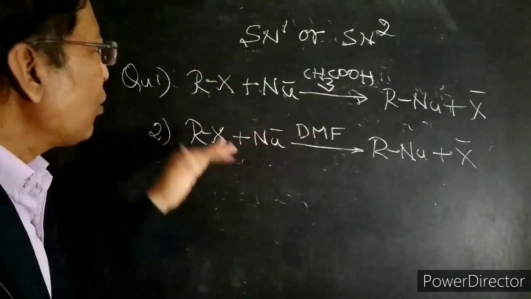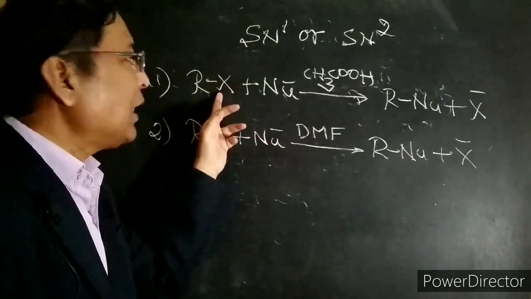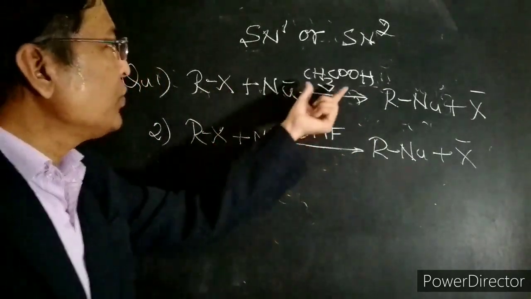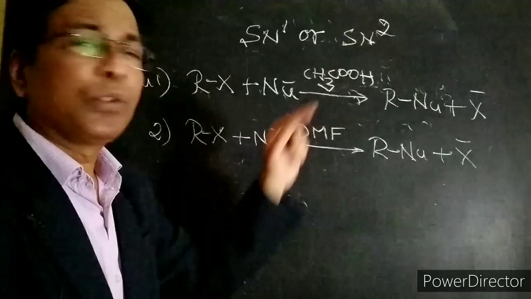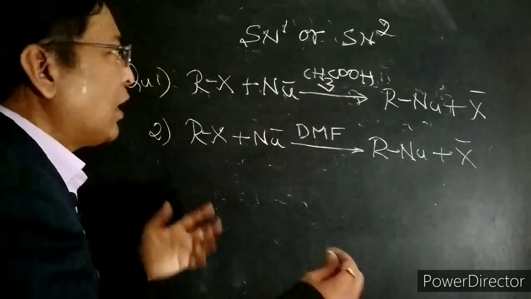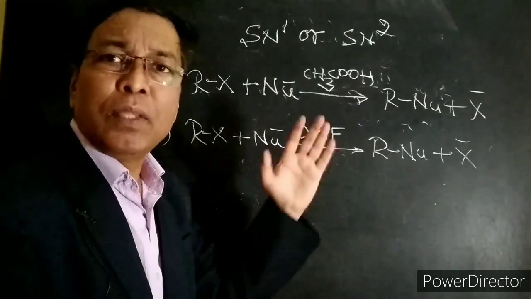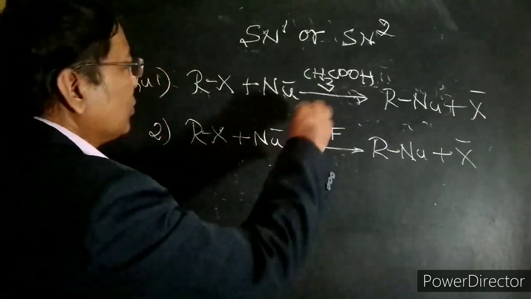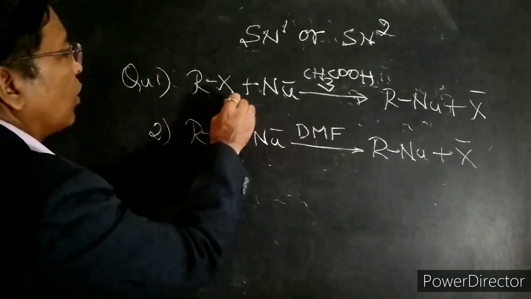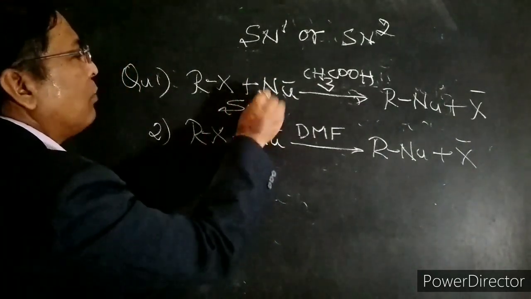So we cannot decide from this alkyl halide whether it will follow SN1 or SN2. But if you see here, the solvent used is a polar protic solvent. Therefore polar protic solvents favor the SN1 reaction. So the first reaction follows the SN1 reaction mechanism.